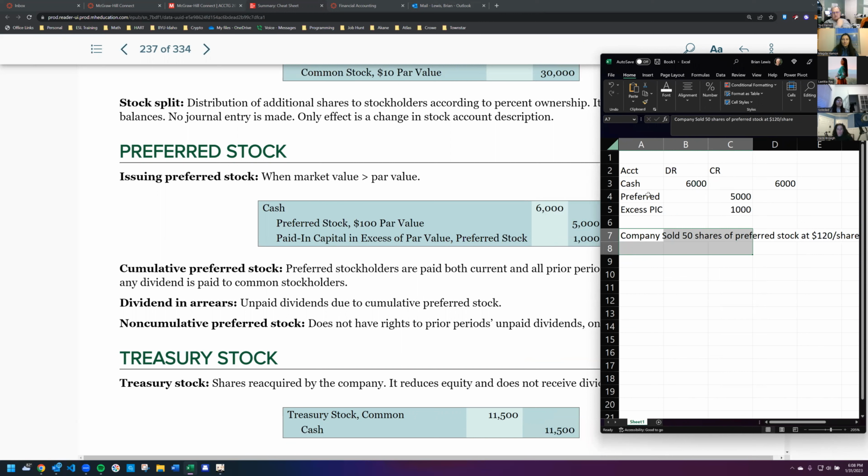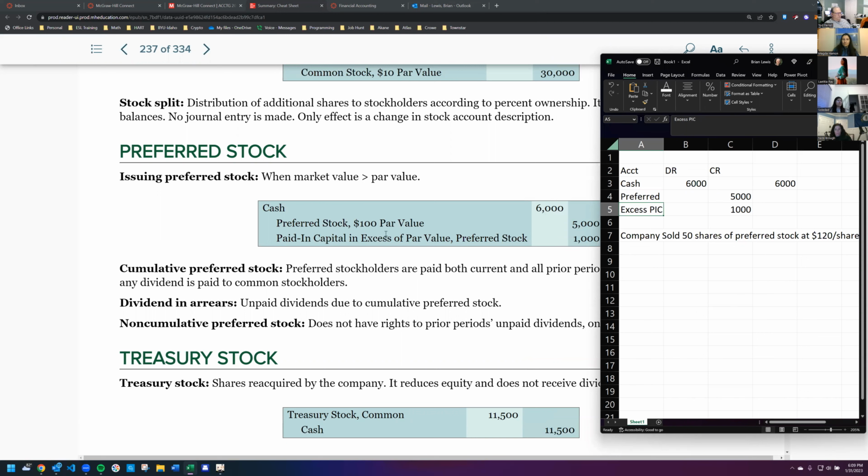How do you record it? We know the preferred stock is $100 par value, so that's the easy part: 50 times 100 gives you the 5,000. The other easy part is 50 times 120, which gives you the cash. These two pieces of the transaction should be given. The part you don't know is the amount over the par value. You have to calculate that, come up with 1,000, and that 1,000 is in excess of the par value. It's called paid in capital, excess of par value.